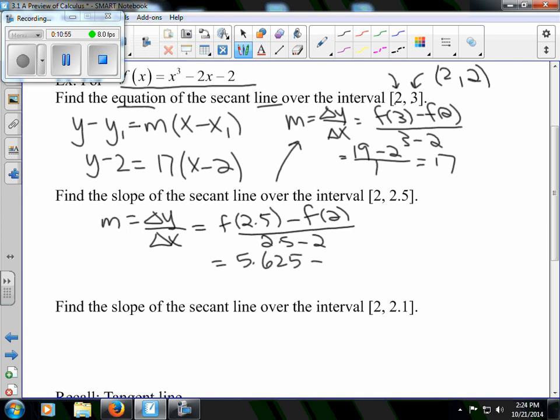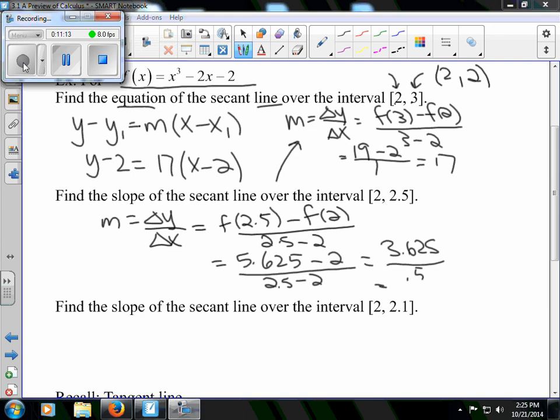Got my calculator and just plug that in. And f of 2 is still 2. So over 2.5 minus 2 is going to be 3.625 divided by 0.5, or 7.25.